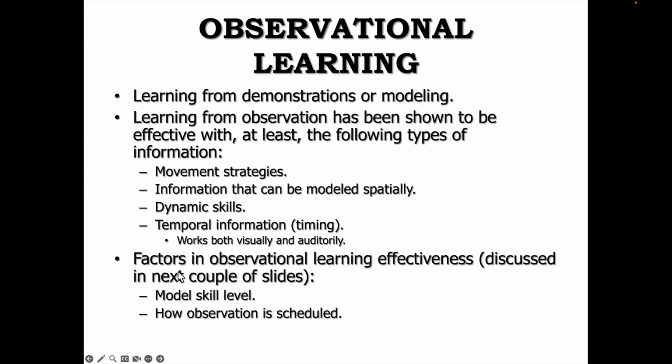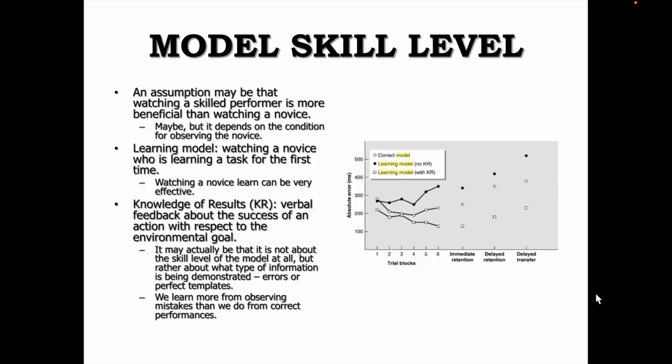A couple of factors in observational learning that we should focus on in the next couple of slides are model skill level and how observation is scheduled. With model skill level, there are some things we need to be focused on when looking at observational learning. We might assume that watching a skilled performer would be more beneficial than watching a novice.